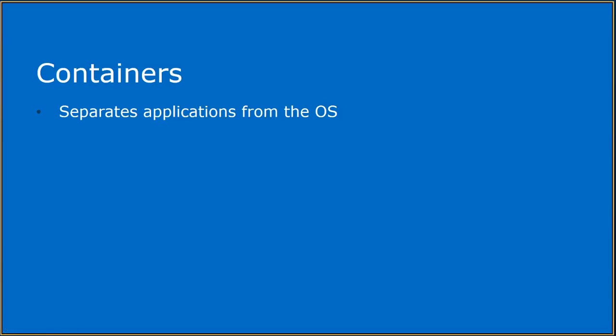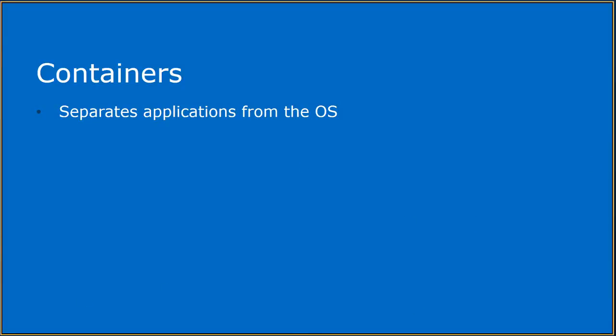So let's talk about one of the main implementations now of this nested virtualization. Beyond the whole dev test lab scenario, what is the big advantage? The whole reason why we finally decided to include it in this release was to support Windows containers. Windows containers are a new type of virtualization.